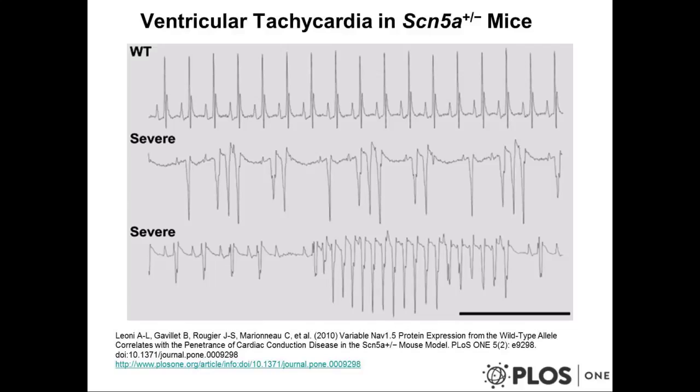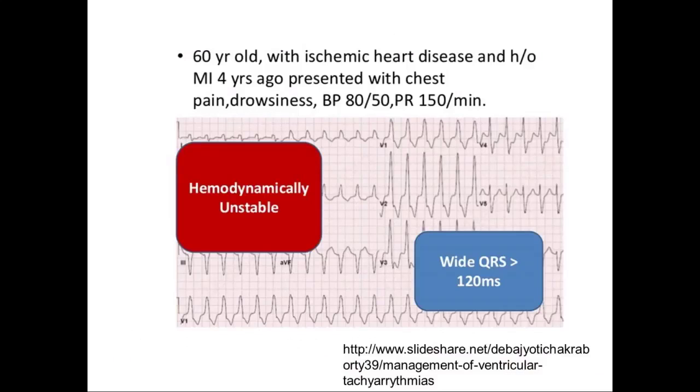The wild type shows a very nice ECG consisting of P wave, QRS, etc. But some mice with hemizygous deletion of the sodium channel show ventricular tachycardia. This animal is also suggestive that this gene is very important for cardiac physiology.